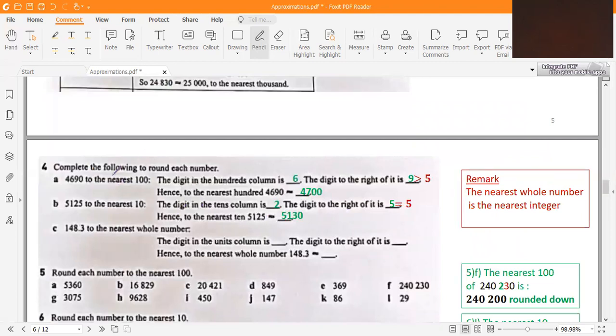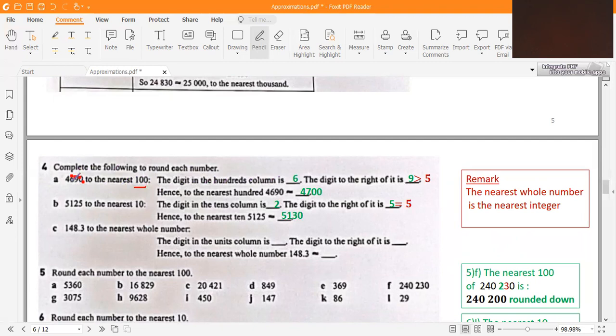We can also complete the following exercises, like here, the nearest hundred. On the right of the decimal point we have units, tens, and hundreds. So 6 is the digit in the hundreds column.